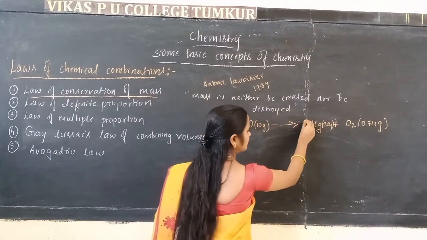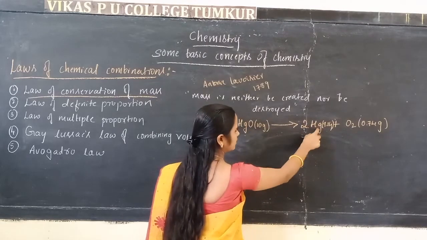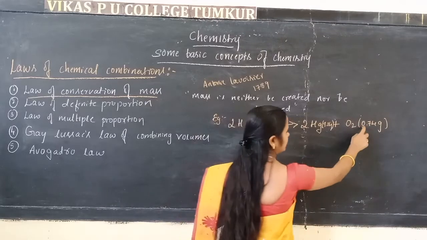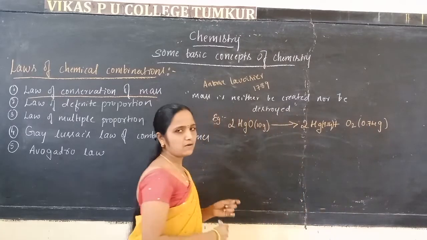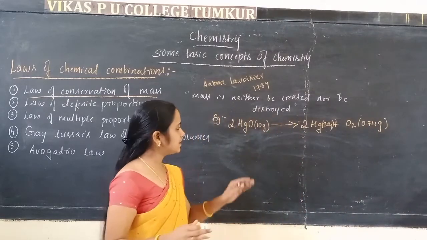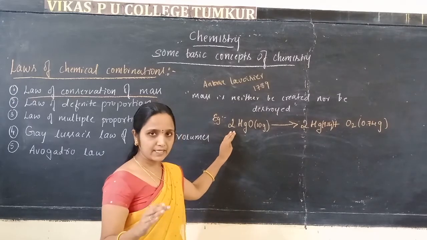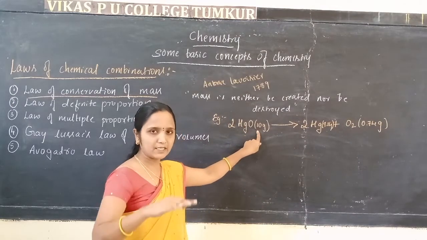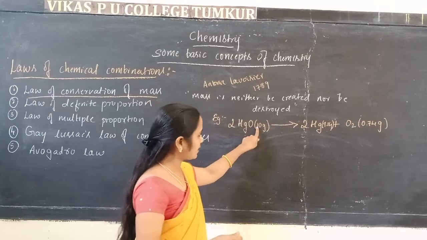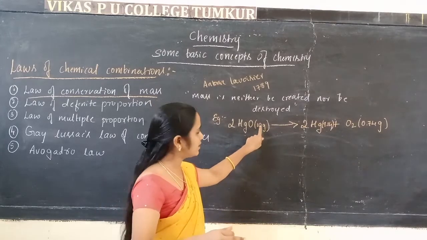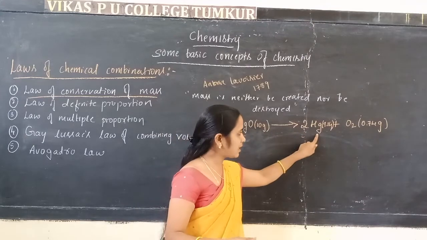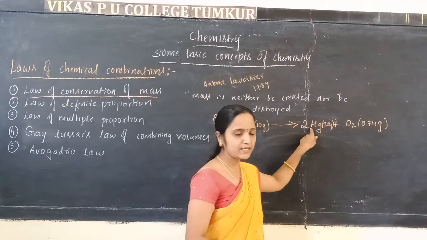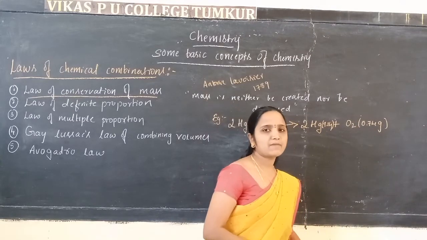We need to balance the equation here, with Hg and 0.74 gram of oxygen. In this reaction, 10 gram of mercuric oxide decomposes into 9.26 gram of mercury and 0.74 gram of oxygen.